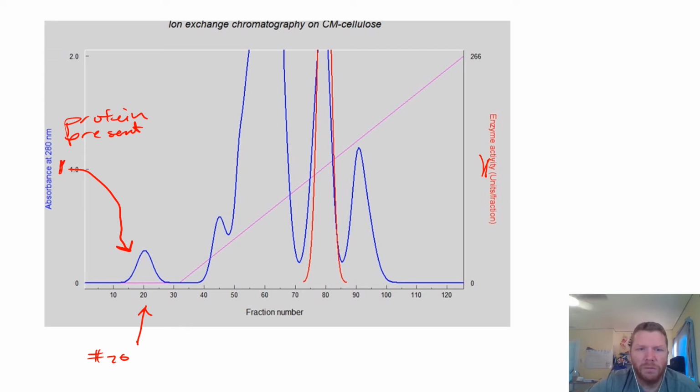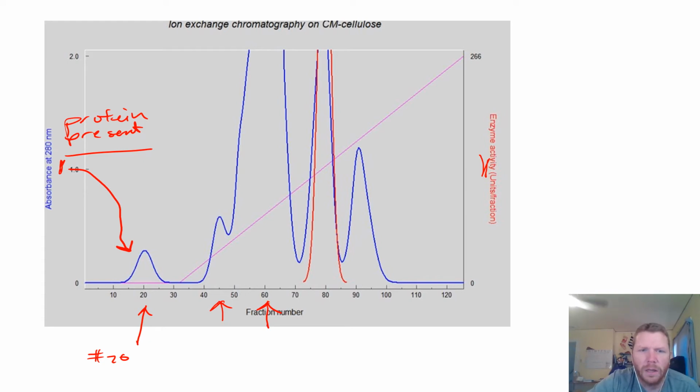Then fraction number, let's go with 45 or so, there's also protein there. 60 and everything between 45 and 60, there's indeed protein there because we have this really giant blue peak. There's a couple of other blue peaks, but that's just telling us that there is protein in each one of those samples. It's not telling us that our enzyme is present, but instead it's just telling us that protein is present.